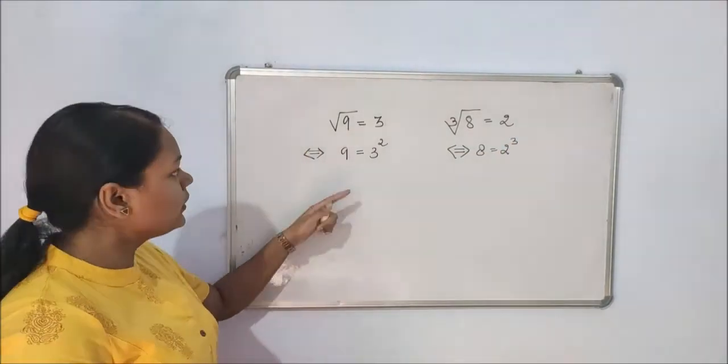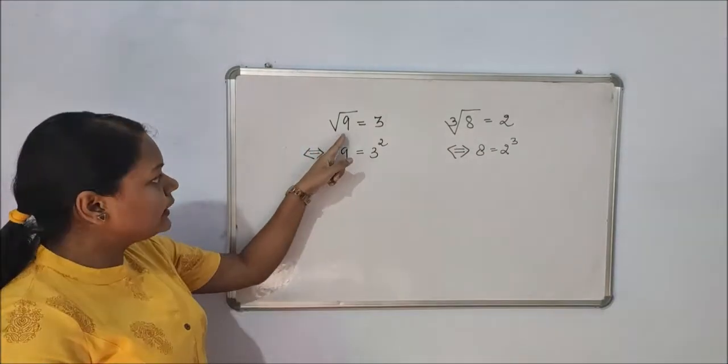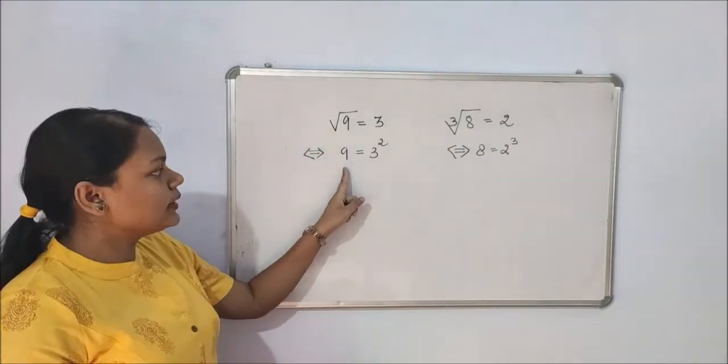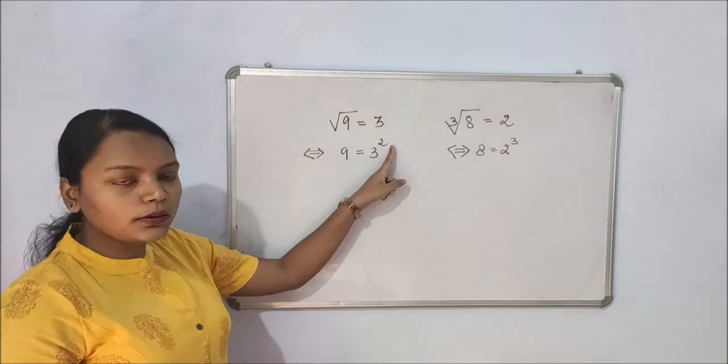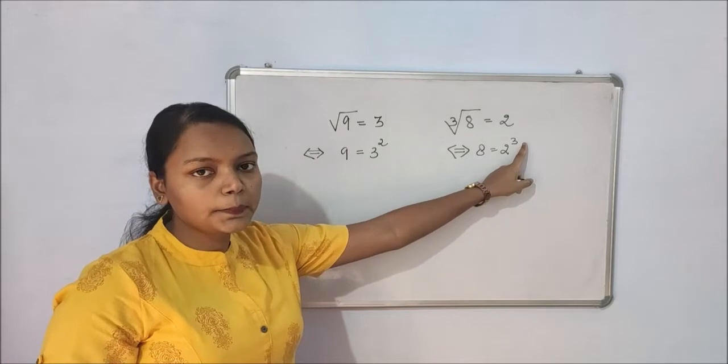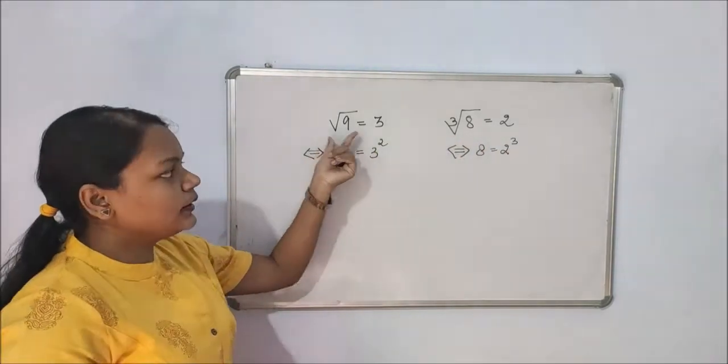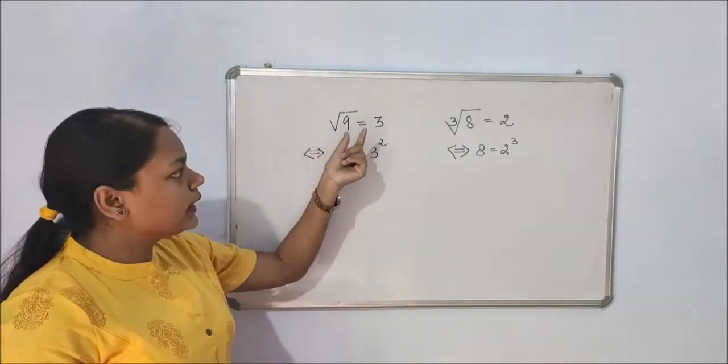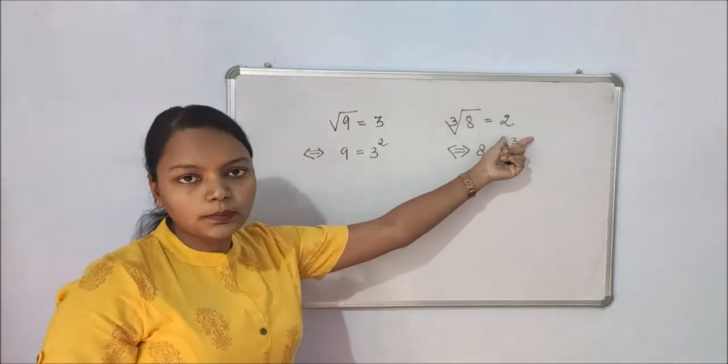Just have a look here. Thus, this means that 9 can be expressed as some power of integer. Again 8 also can be expressed as some power of integer. That means these nth roots I can express as an integer.